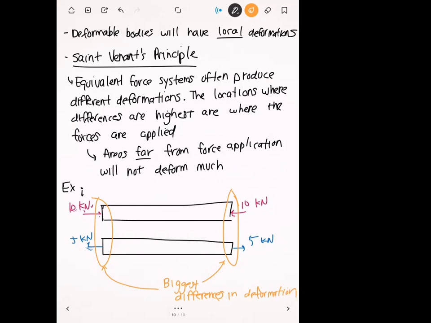If you look at just the tips, you can see that one is going to be squished in, the other one's going to be stretched out.